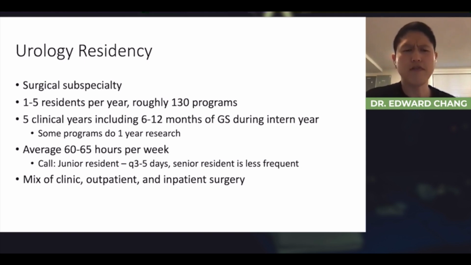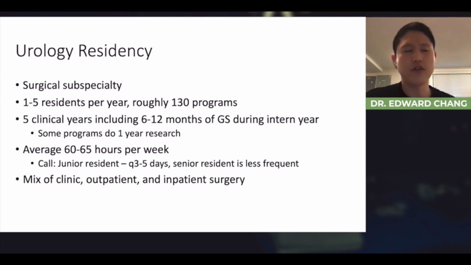And there are 5 clinical years, including 6 to 12 months of general surgery during intern year. And depending on what you think about general surgery, those are some very good times, or they can be very bad times. But overall, intern year is actually probably the lightest year for any urologic residency.